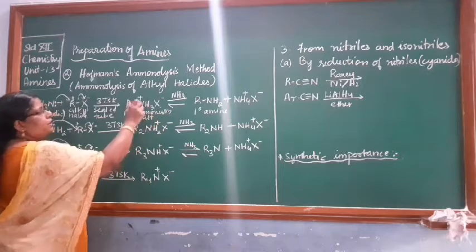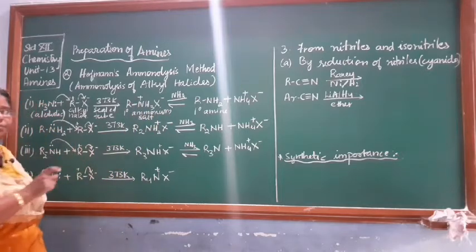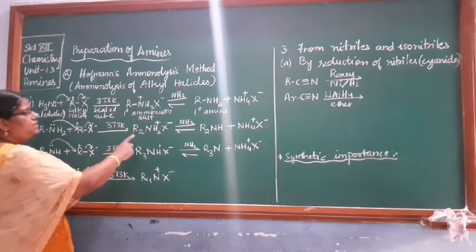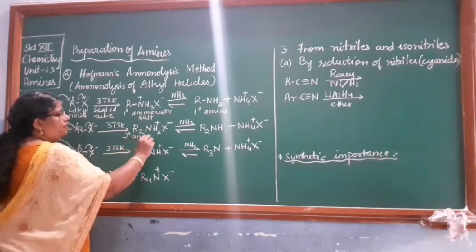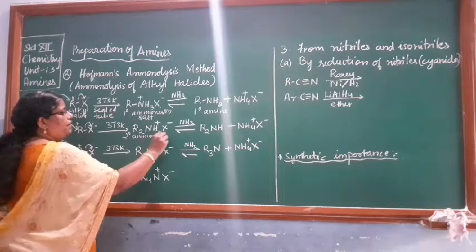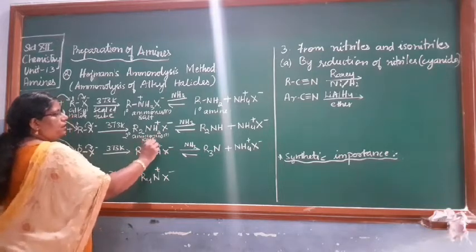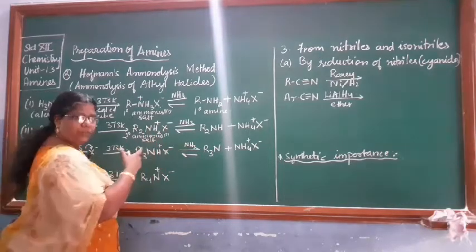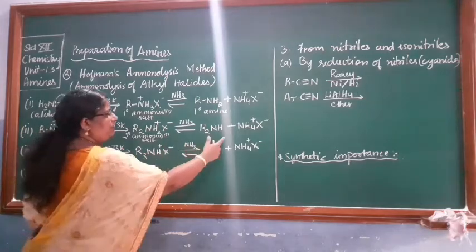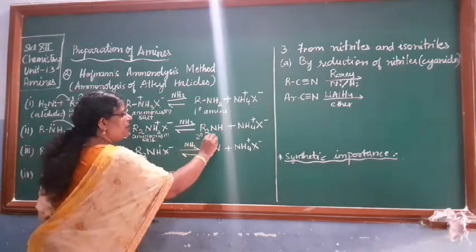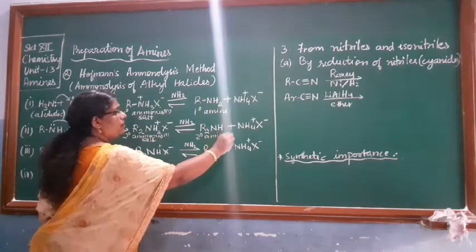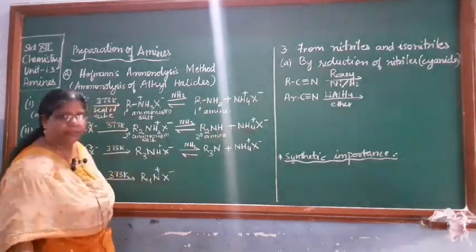Salt क्यों बोल रहे हैं? क्योंकि इसमें प्लस, पॉजिटिव आयन है, नेगेटिव आयन भी है. This is the salt. This is the secondary ammonium salt. Follow? Reaction with more ammonia will give you R2NH, that is your secondary amine, and the ammonium salt.